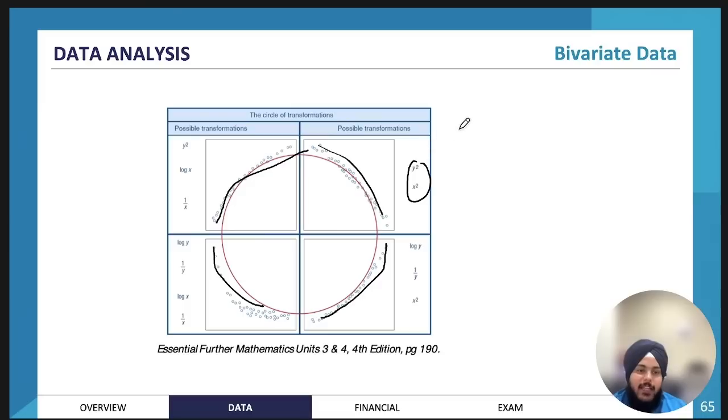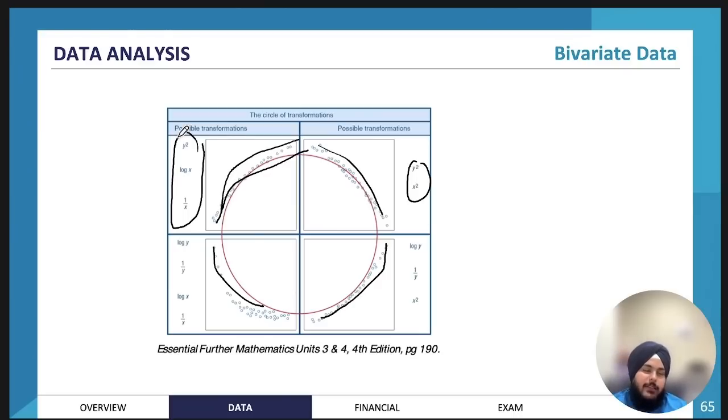Just a disclaimer: in the exam, you'll never be required to actually determine out of these three which one's the best. They'll usually tell you, log x is the best, so therefore use this. So you will never have to do this. But if your SAC's already passed, but if you did have to do it by hand, you would need to apply all of these transformations to the data, if your data looks like this, and then determine which one gives you the highest R value, or the highest R squared value.